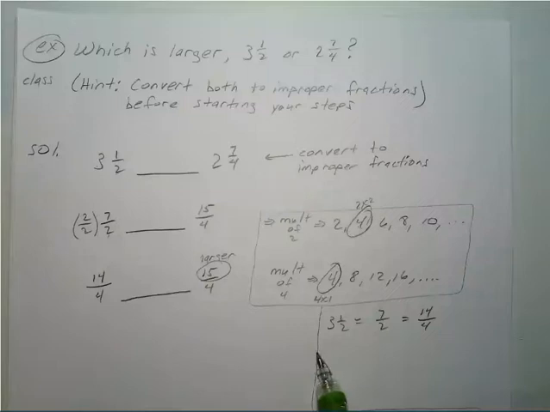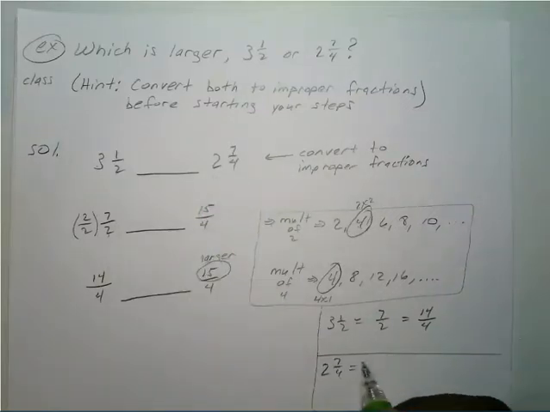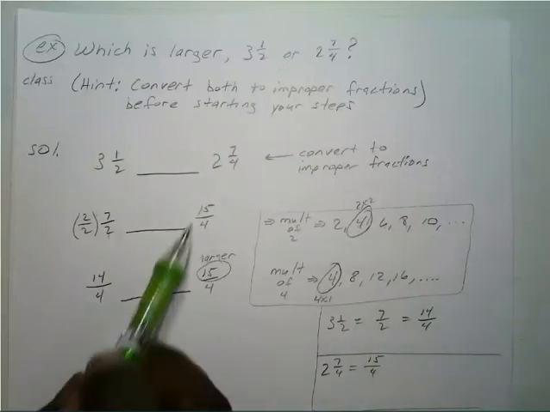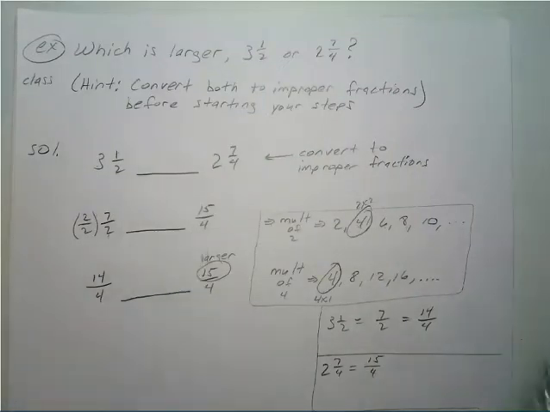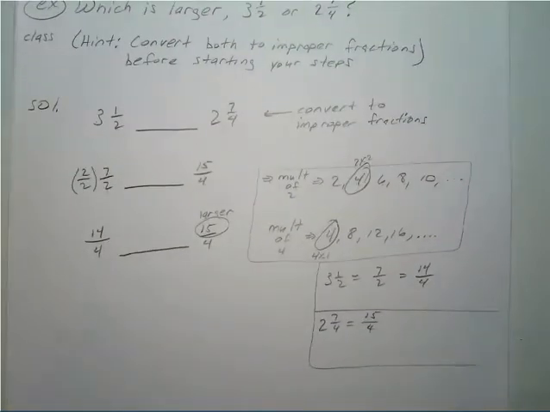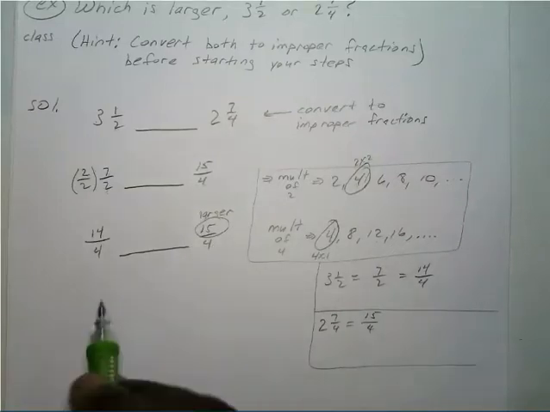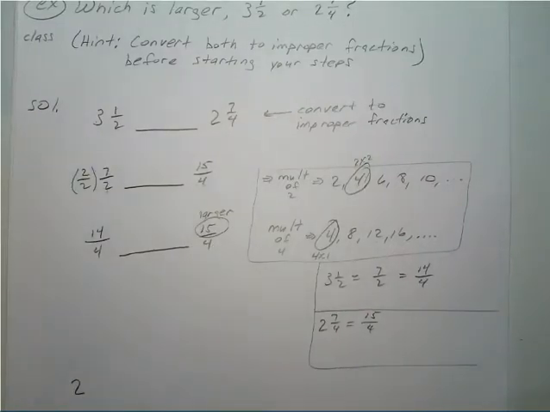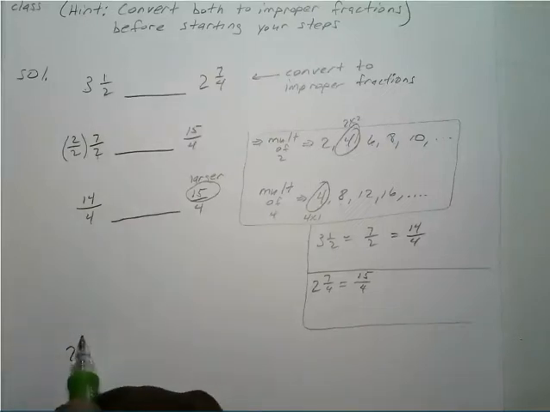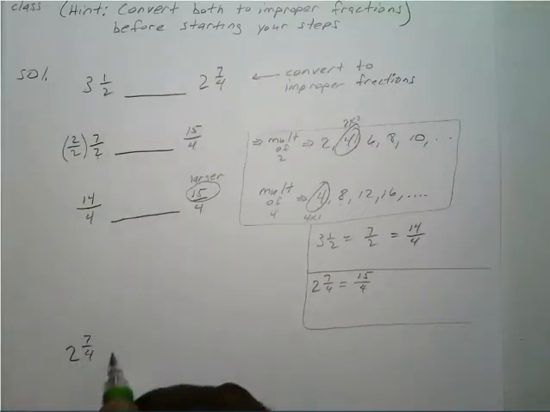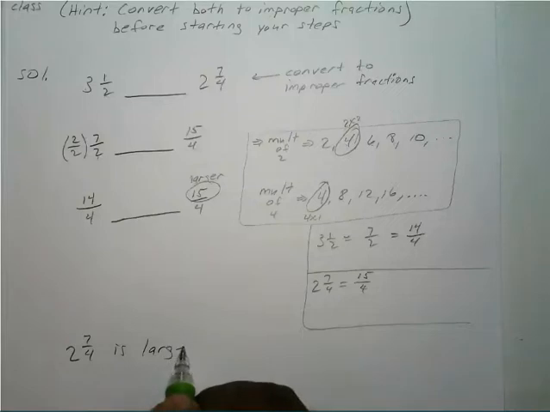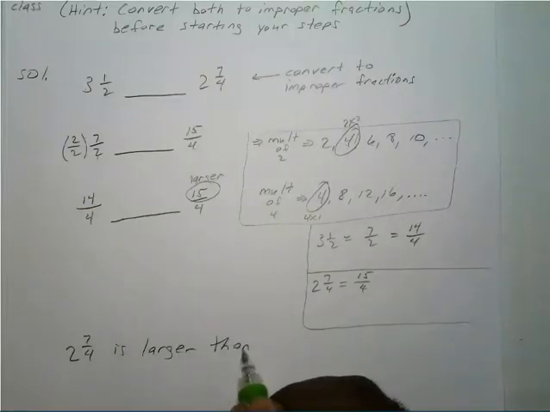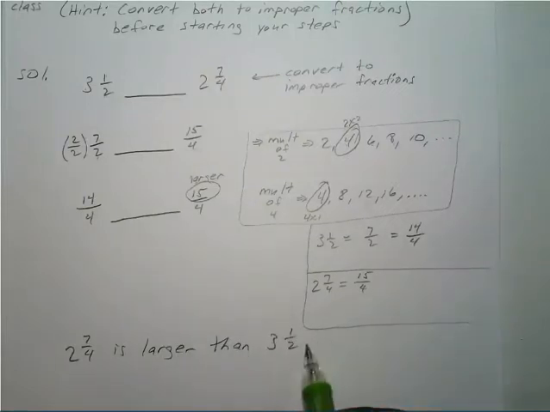And 2 7/4 is equal to 15 over 4, because we converted it to an improper fraction. And that's just still 15 over 4 because we didn't have to change the denominator any. All right, so since 15 over 4 is largest, that means 2 7/4 is larger than 3 1/2.